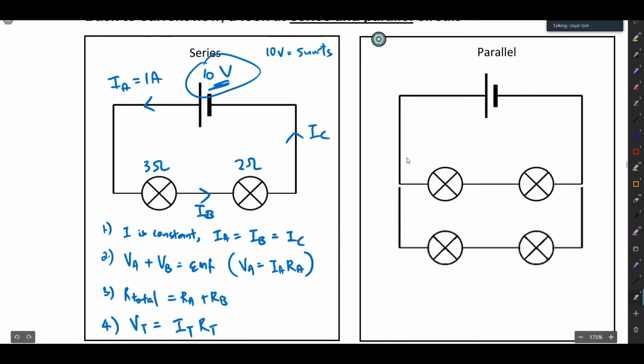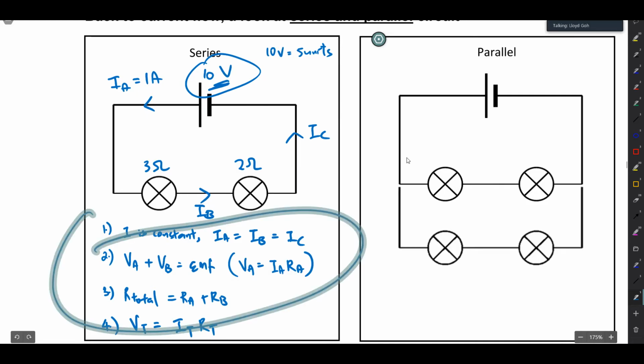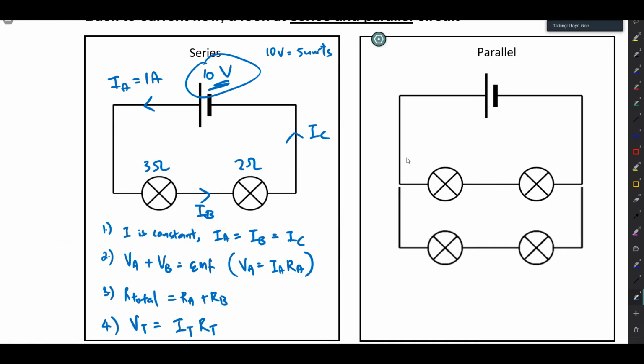I don't recommend you doing this; actually I recommend you using the formulas instead. But in any case, 10 volt I have 5 units, so the 3 ohm will take up 3 units, which gives me 6 volt, and 2 units, you realize it's 4 volt. These two will always add up to become this.